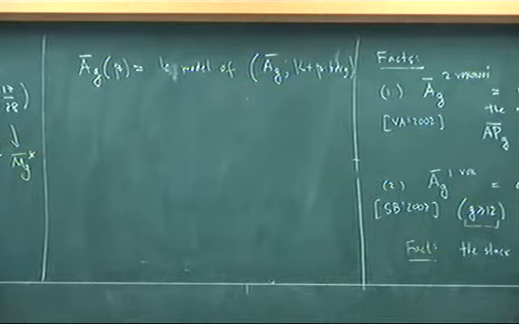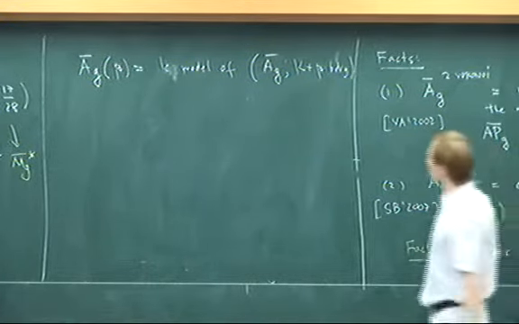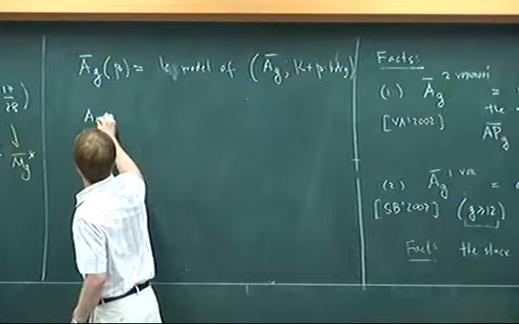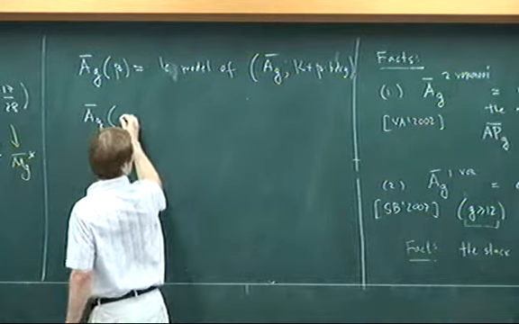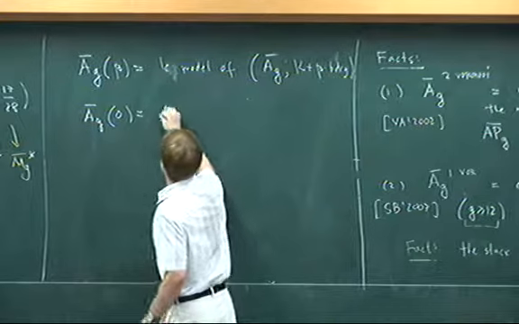Maybe we have to say which compactification we start with, but for example, we can start with this one. Then this statement says that A_g bar of 0, that's the first Voronoi.